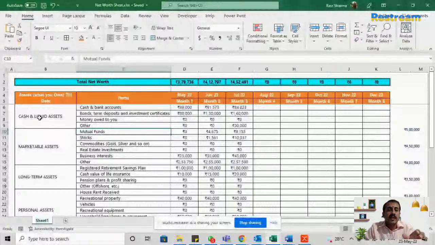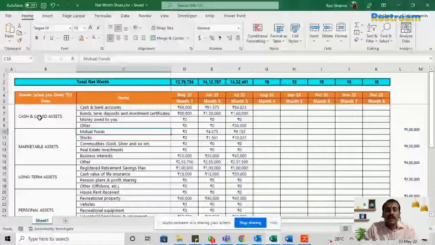For example, if you have a car, what amount would you get if you sold it today? That is what we have to enter. And any recreational equipment, household furniture, or collectibles like stamps, art, jewelry, or a coin collection. All these things come under personal assets.